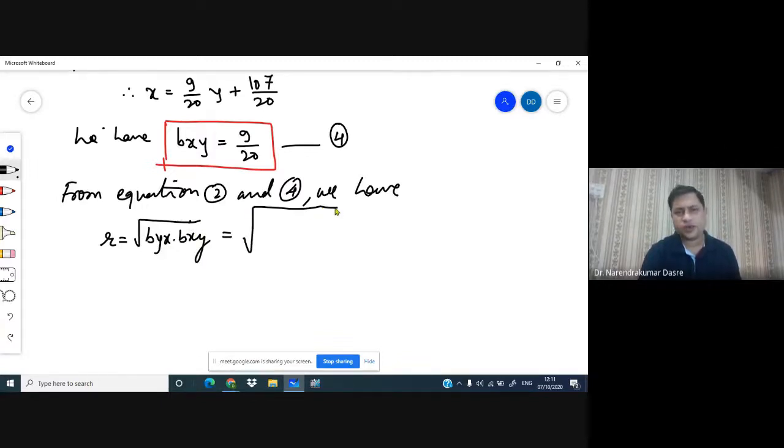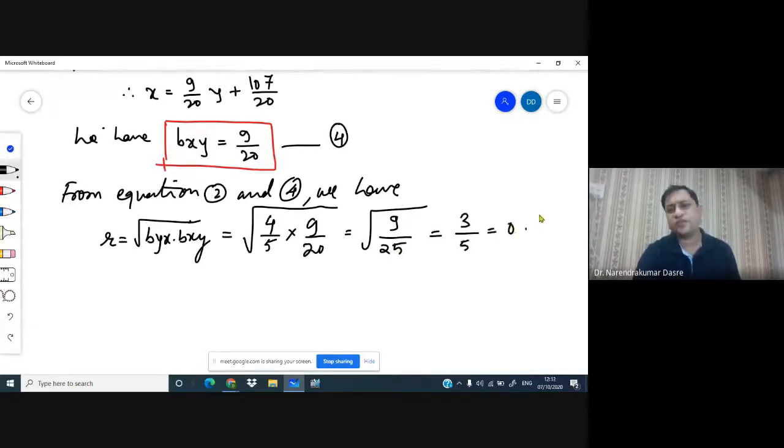So it is going to be square root of 4 by 5 into 9 by 20. So this will be 9 by 25 and it is going to be 3 by 5. So it is 0.6.